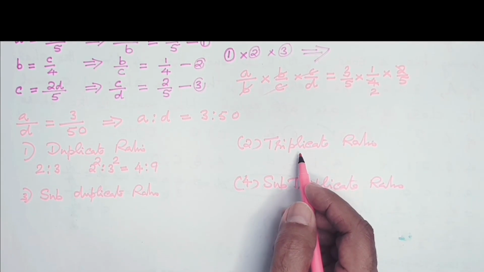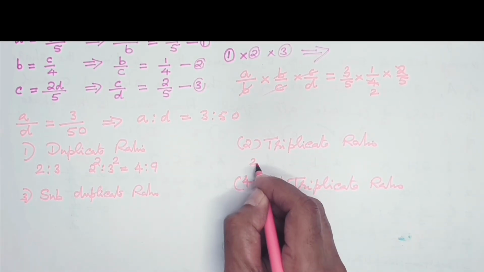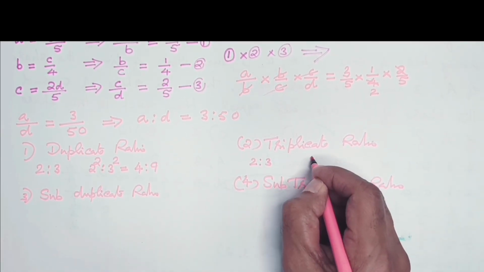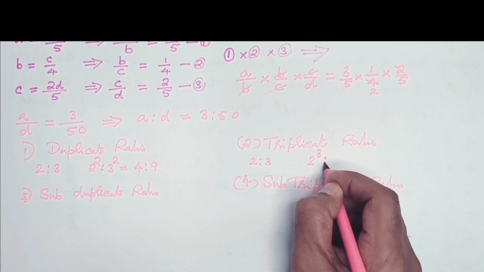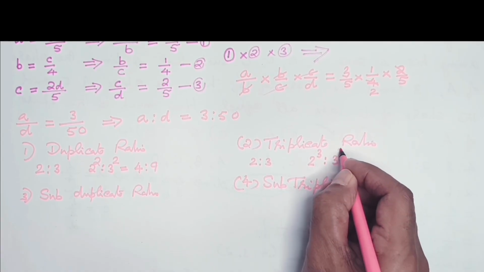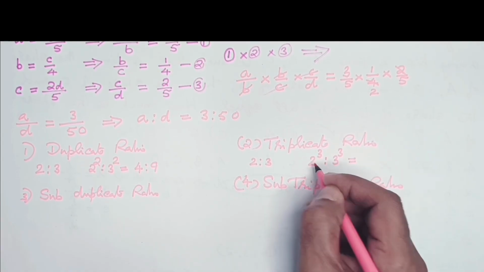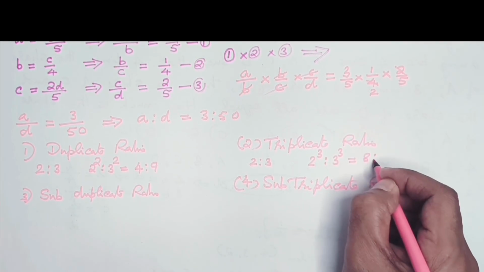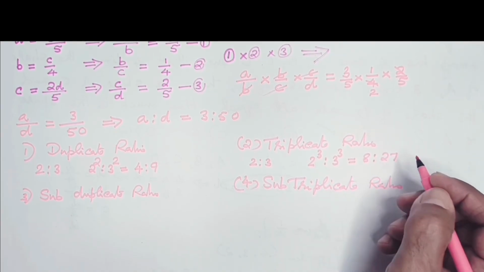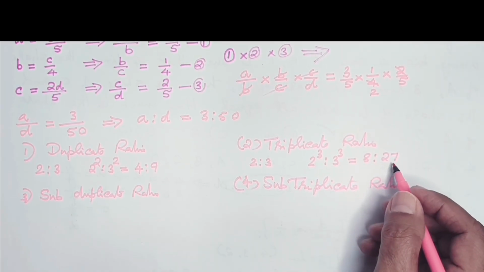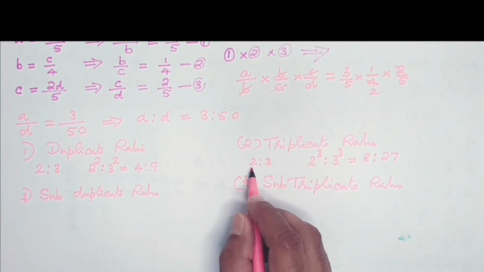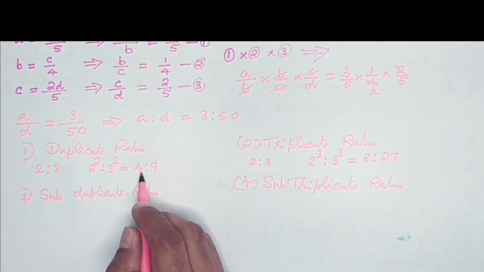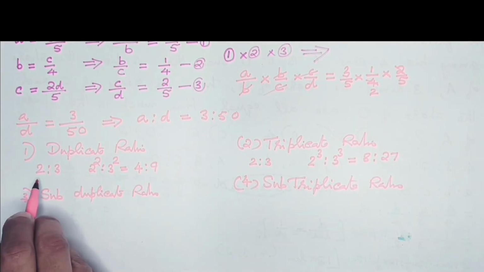Similarly, to get the triplicate ratio, again for the same ratio, what do you do? You take the cubes of both the terms of the ratio. 2 cubed 8, the other one is 27. So 8 is to 27 is the triplicate ratio of 2 is to 3. Similarly, 4 is to 9 is the duplicate ratio of 2 is to 3.